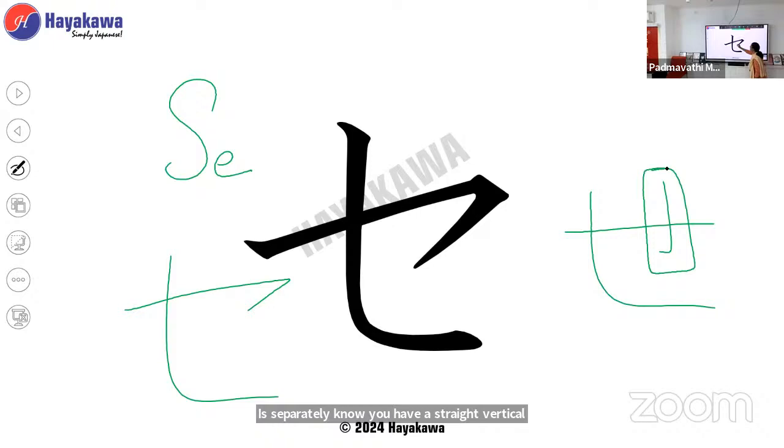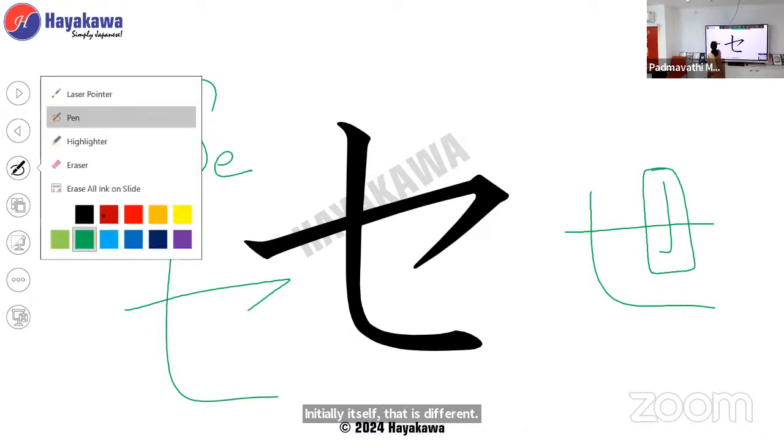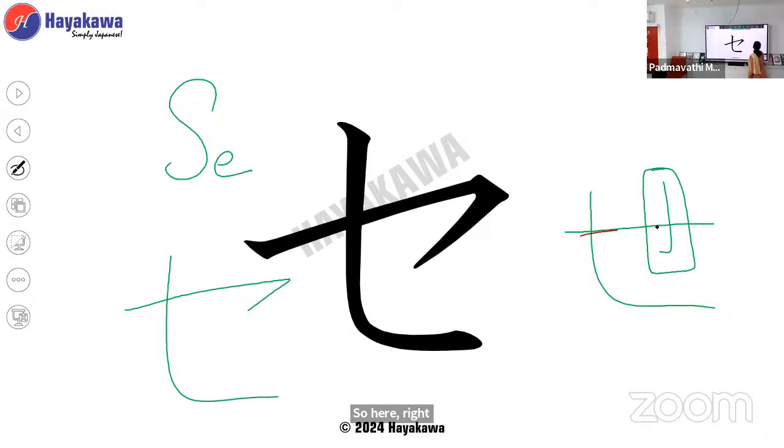But here it is connected initially itself. That is different. Here it is together. So this is going to be se. It is similar to hiragana se, but there's a difference.